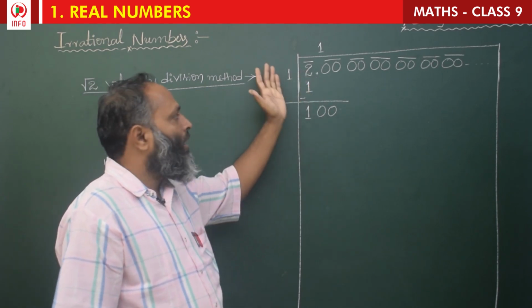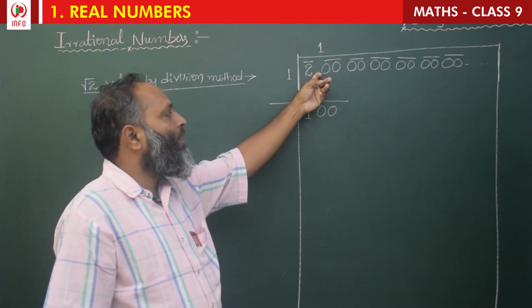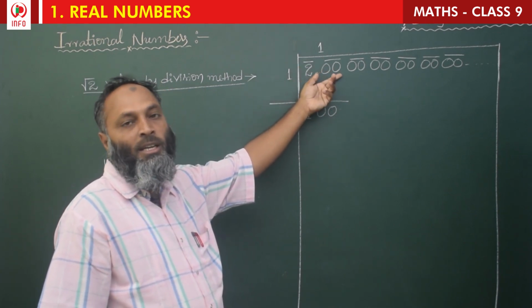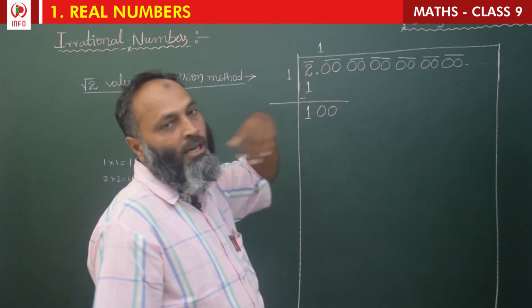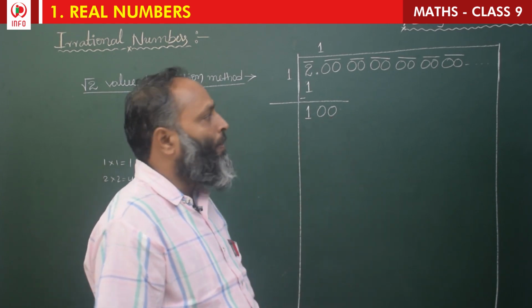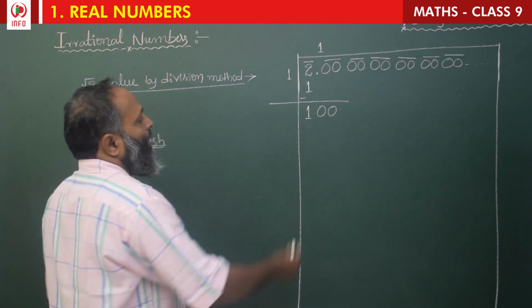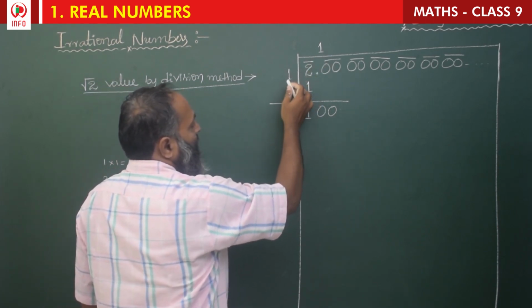Then after the decimal, whatever places were there, we should copy. How many places do we have? 2 places, that are 2 zeros. Those 2 zeros we should copy. Then again we take this 1 here and add 1 plus 1.